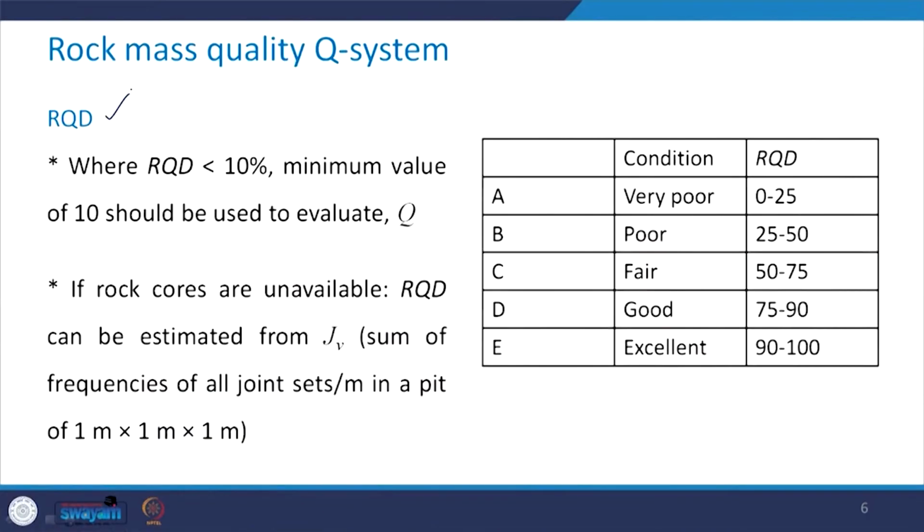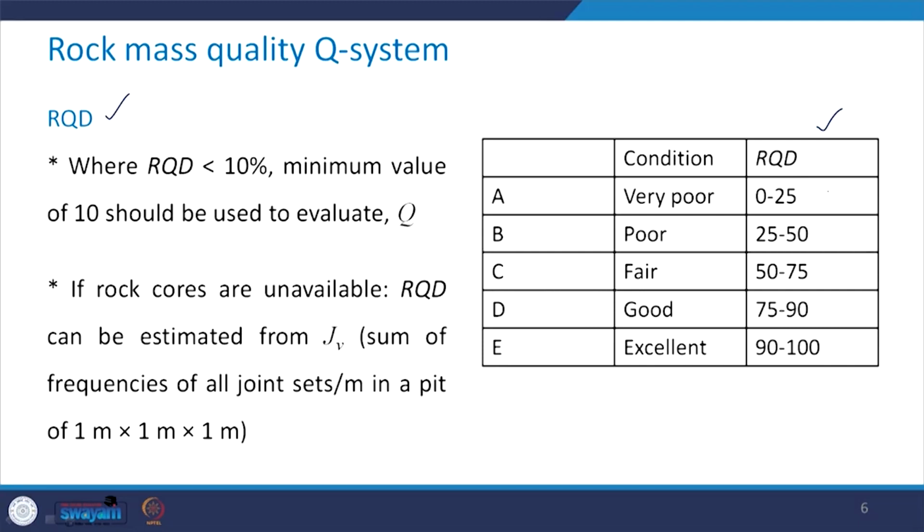Coming to the first parameter and how the rating is assigned to that. The first parameter is RQD. So, here this table gives us the idea about the range of the RQD and the condition associated with that.